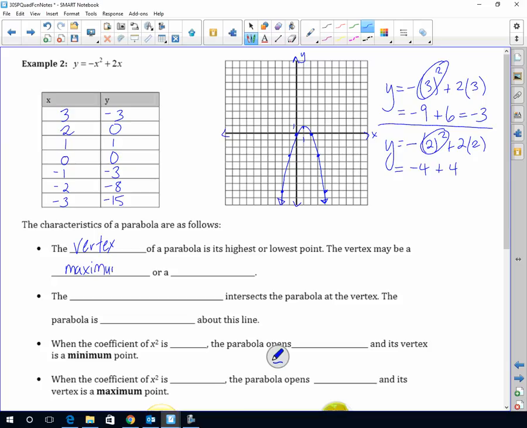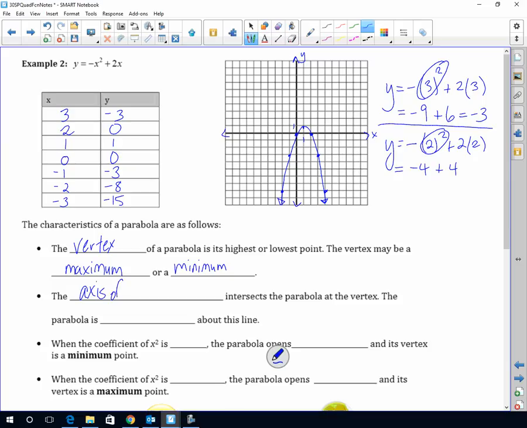The blank intersects the parabola at the vertex. This is called the axis of symmetry. Remember, we noticed right away that there was a mirror image on either side of the high point or low point. That would be called the axis of symmetry.